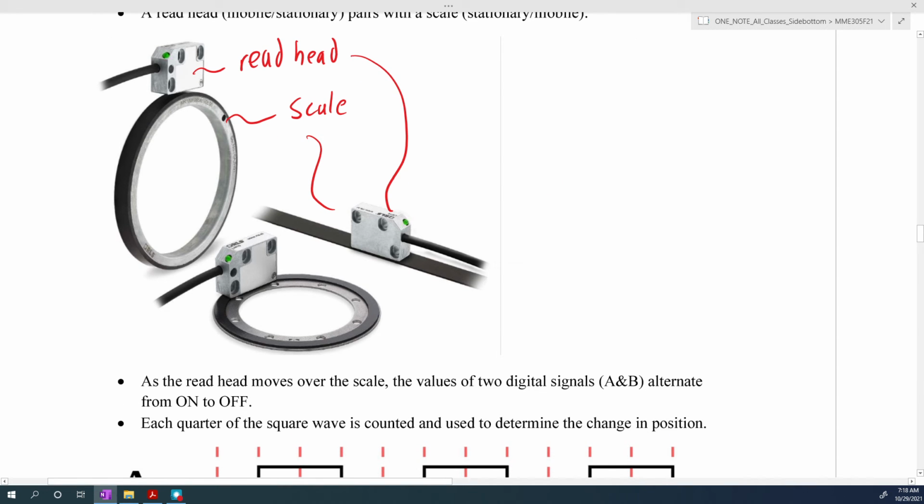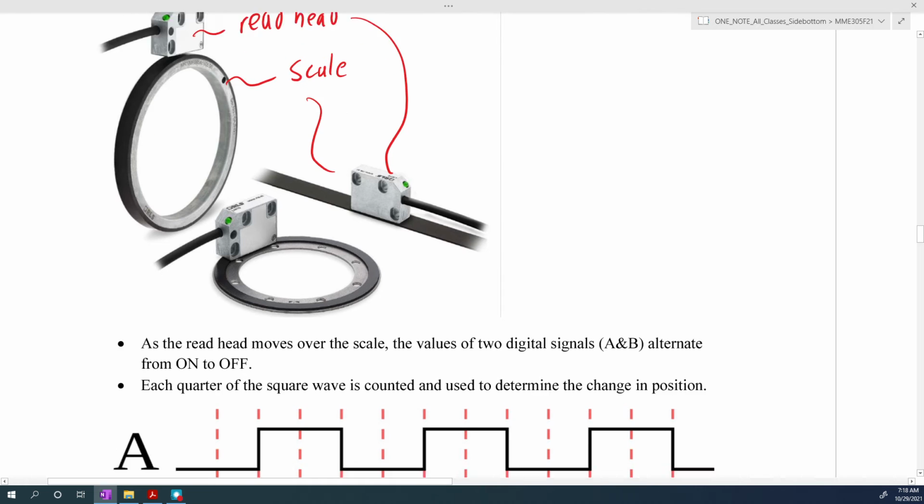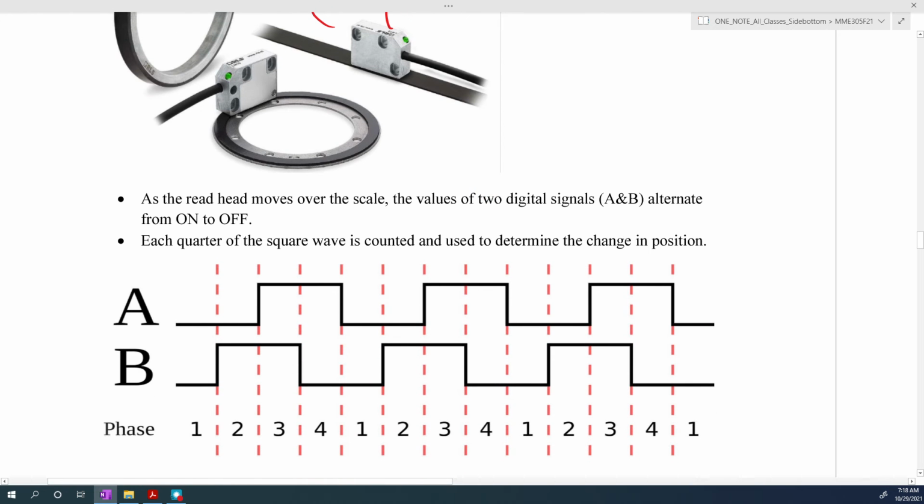As the read head moves or the scale moves, the values of two signals, two square waves, will alternate from on to off. The two signals are typically denoted as channel A and channel B, and they are offset by 90 degrees from each other.